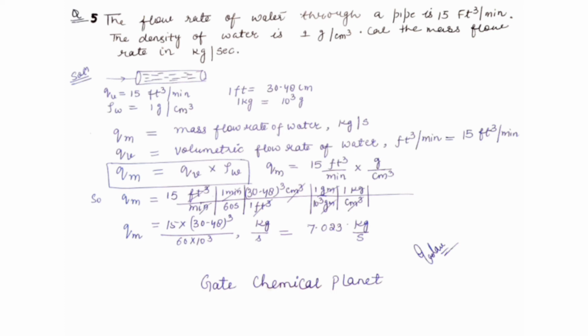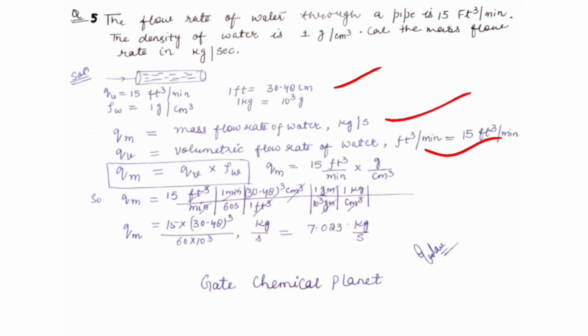So with the help of this figure, I have written down QV equals to 15 feet cube per minute, where QV is equals to the volumetric flow rate of water, and QM is equals to the mass flow rate of water. We have to convert it into kg per second, and volumetric flow rate is already given.